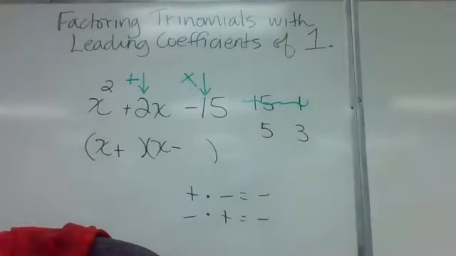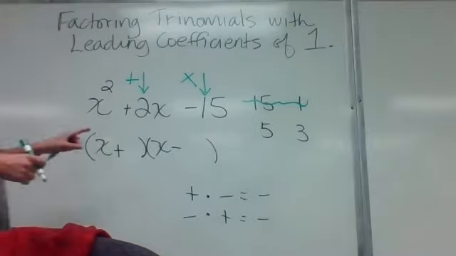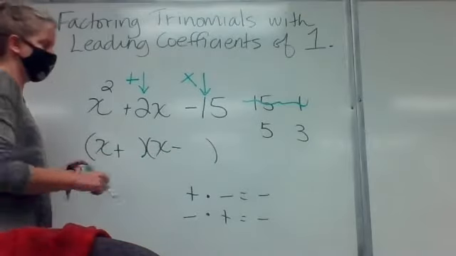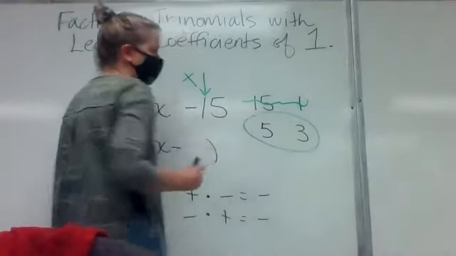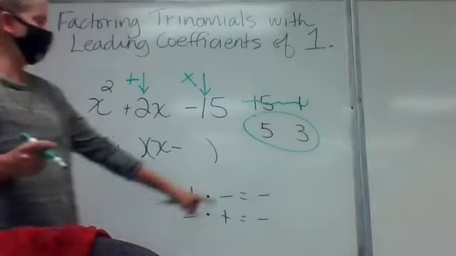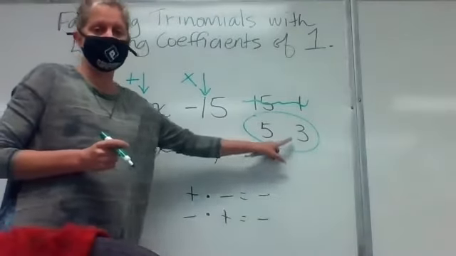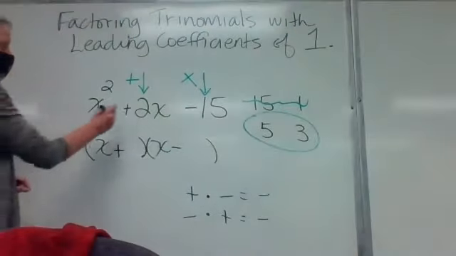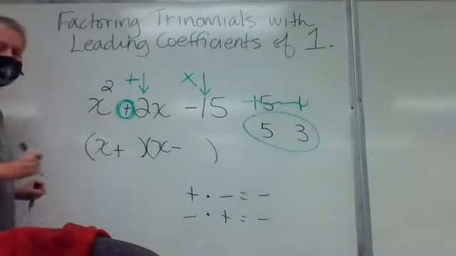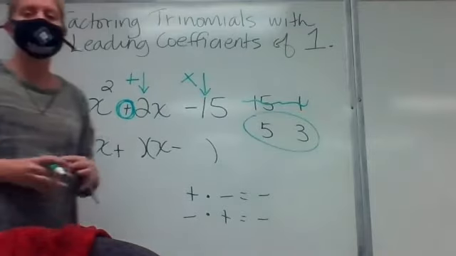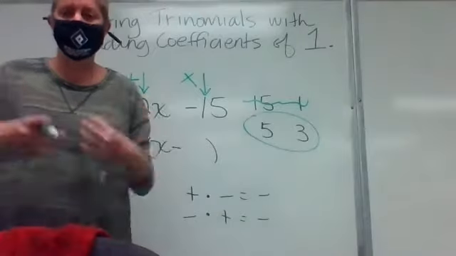Now, let me tell you a little trick. When your signs are different like this, you come over here and you look at the pair that you've chosen, and you put the bigger number, which is 5 out of this pair, right? Your bigger number needs to go with whatever this sign is. This sign right here is kind of telling you what you need more of.